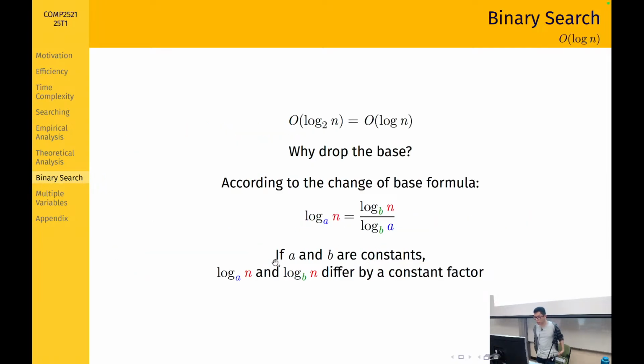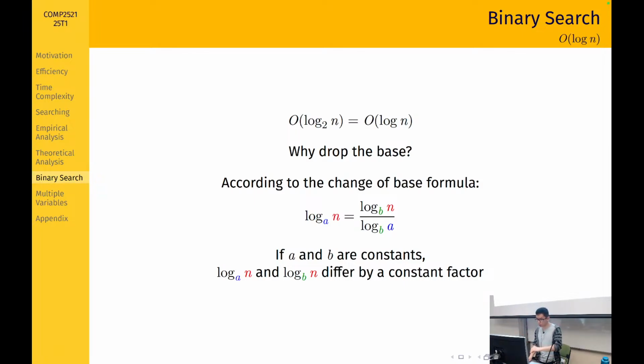The reason is that if we have two logs with different bases, both constants, suppose log base 2 of n and log base 3 of n, it turns out these two expressions are always within a constant multiple of each other.